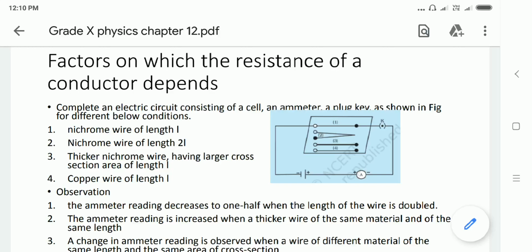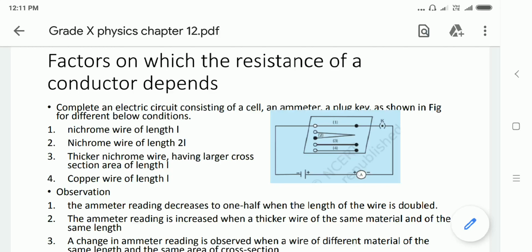Now, when we apply the third condition, increasing the diameter of the wire, the cross section of the wire increases. At that time, with the thicker wire of the same material, the ammeter reading, the current value, increases for the same length.